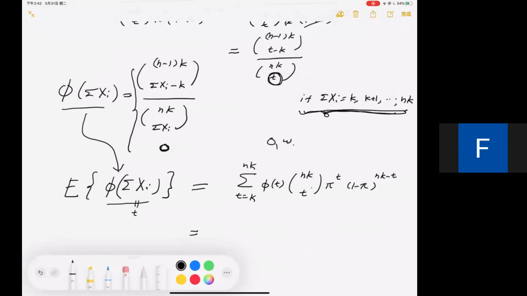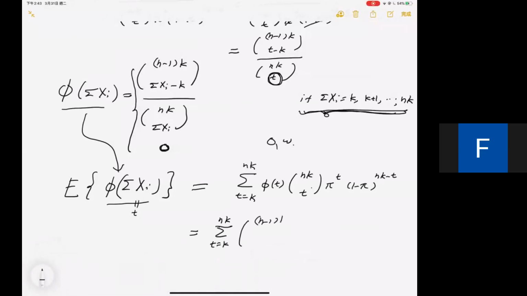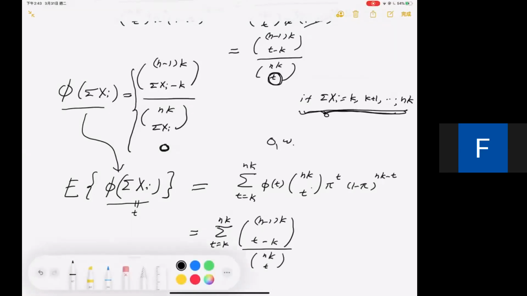Then how do we do that? Of course, I want to write VT. Specifically, it's (m minus 1)k choose t minus k is my VT, then divided by kt.